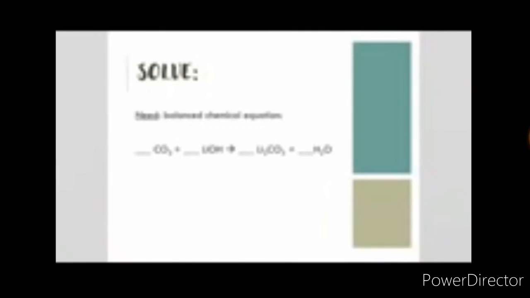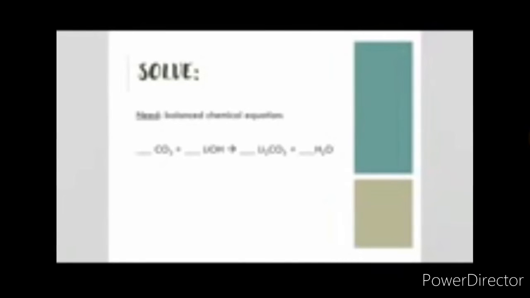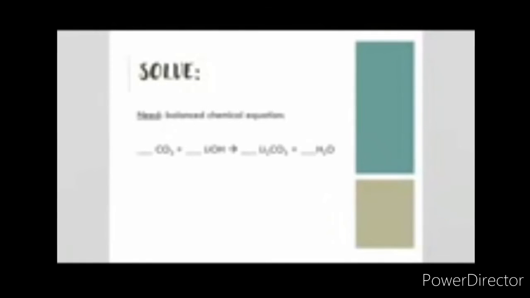So the first thing that we'll need is the balanced chemical equation. And if we look at this equation, we can see that we have one carbon on the reactant side and one on the product side, so that one's balanced. We have 3 oxygens on the reactant side and 4 on the product side.